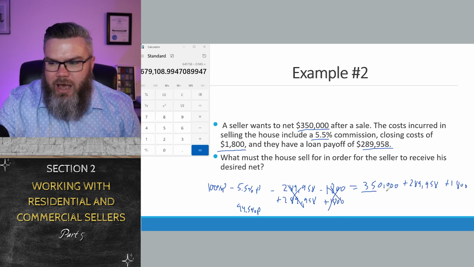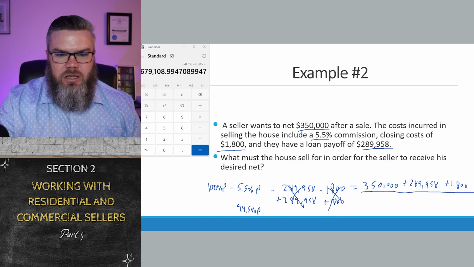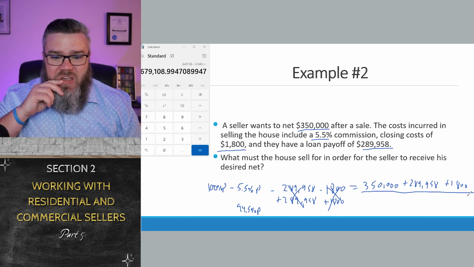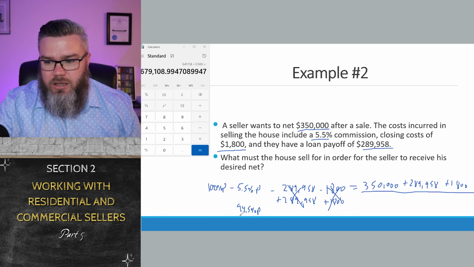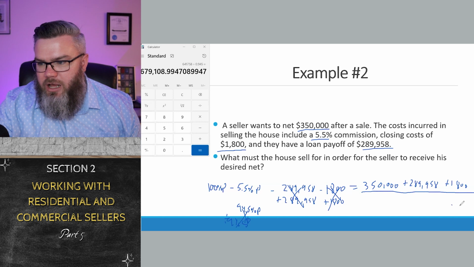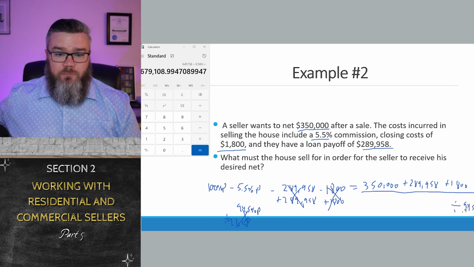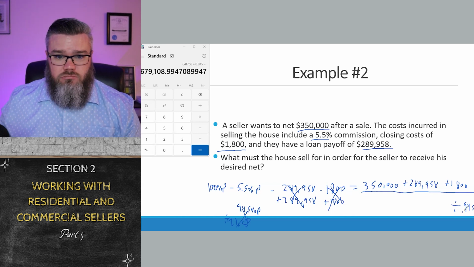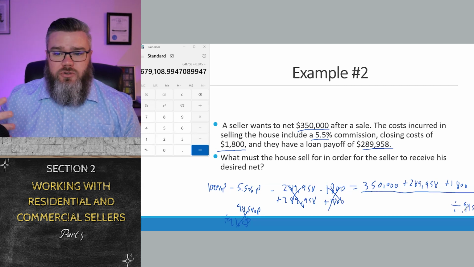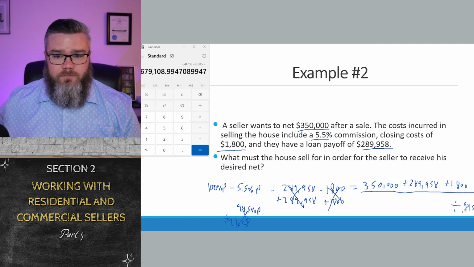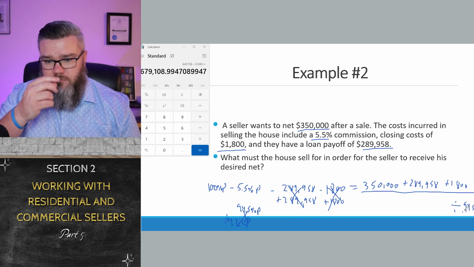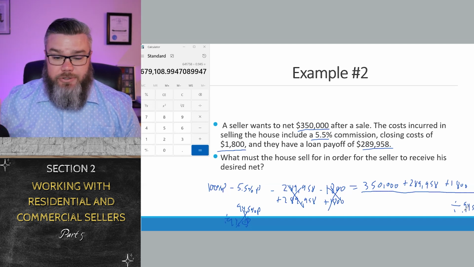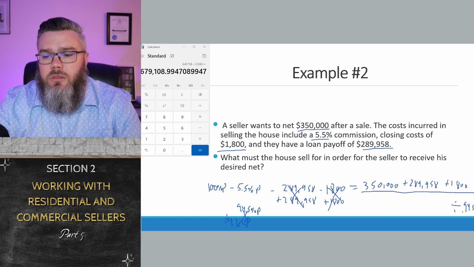And so if you add up every number you see on one side, total it out, and then divide by 94.5% on this side to just leave P, and divide by 94.5% on this side, or 0.945, purchase price equals, add up all those numbers that you see that are not commission, and then divide by the percentage of 100 that's left over after we take our commission. Everybody with me? So let's try another one, because we're going to make sure y'all are all comfortable.